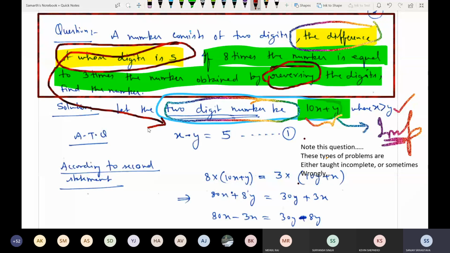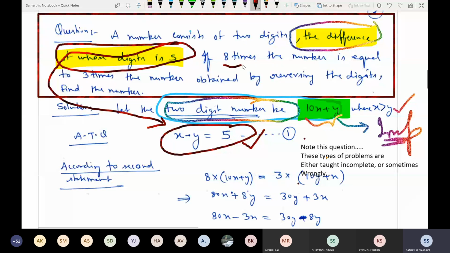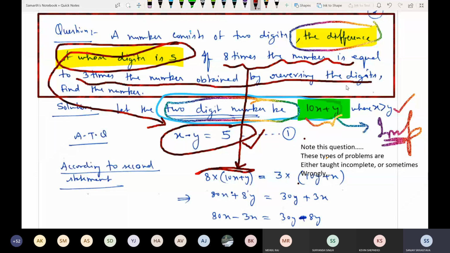Now, what the question says afterwards is that 8 times the number, that means 8 into 10x plus y, where the number is 10x plus y and x and y are the digits, is equal to 3 times the number obtained by reversing the digits. The digits will be interchanged: in place of x, y will come, and in place of y, x will come.